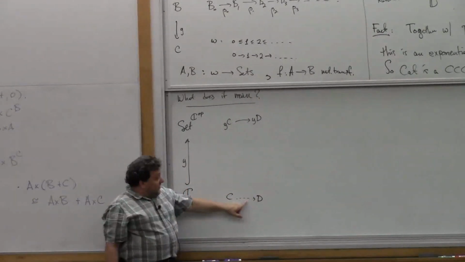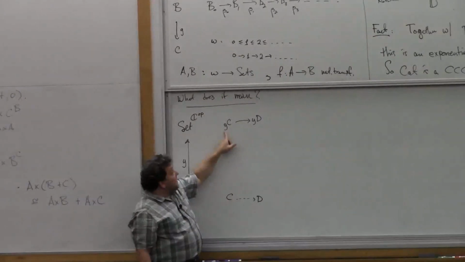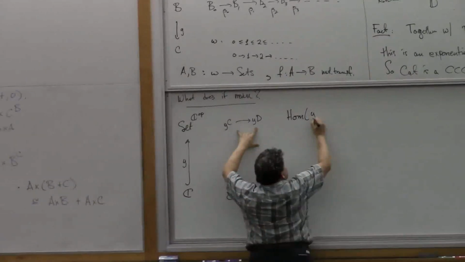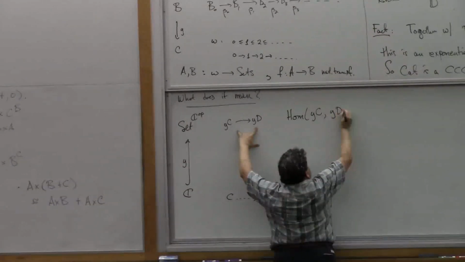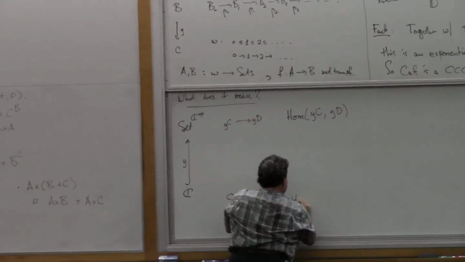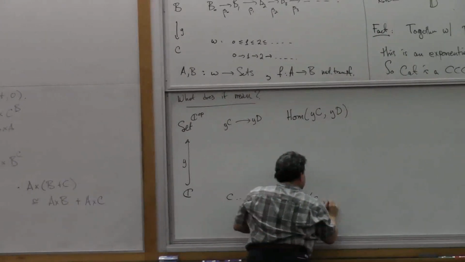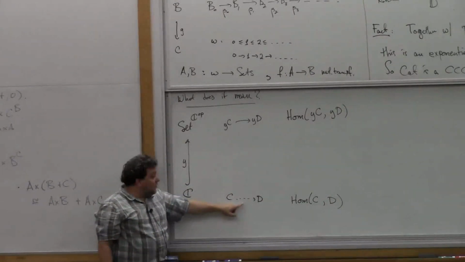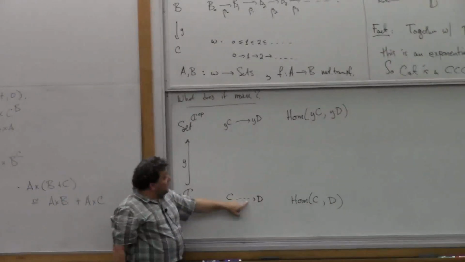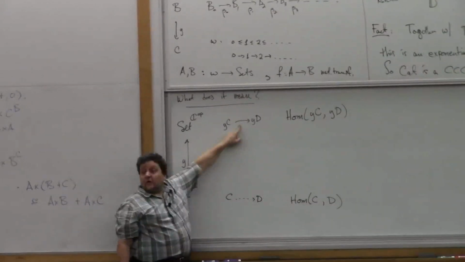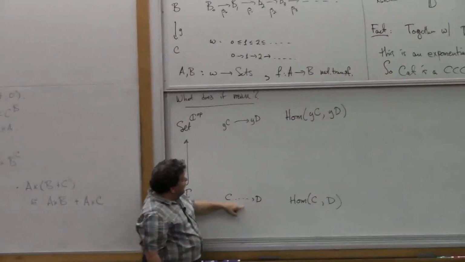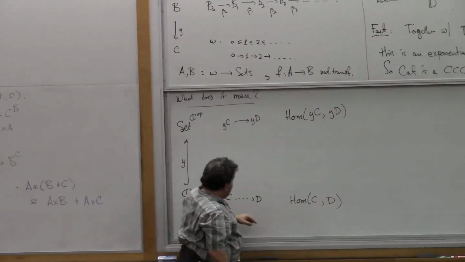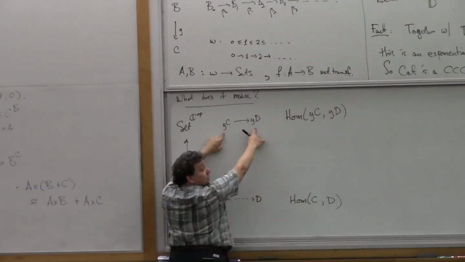So what we'd like to know is this. If there's any arrow up here between these two things, up in the functor category, then there must be an arrow down here between these two things. I'm just drawing a picture of that home set. Moreover, what would be really nice is if we knew that there's a unique one down here that goes to that one. So what's that saying? It's saying the map that takes arrows from here, because it's a functor, any arrow down here goes to one up here.